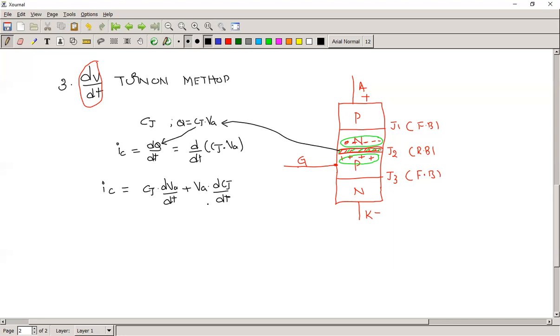But if we observe the parameters, Cg is the junction capacitance, which is a constant. So when Cg is constant, this term becomes 0.